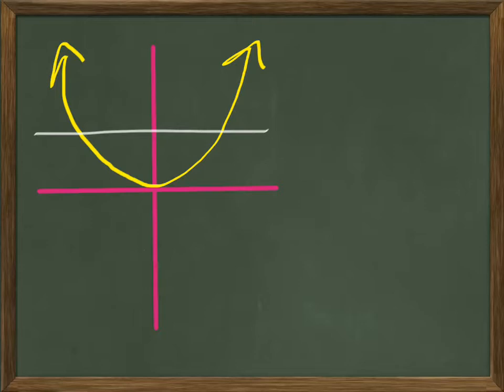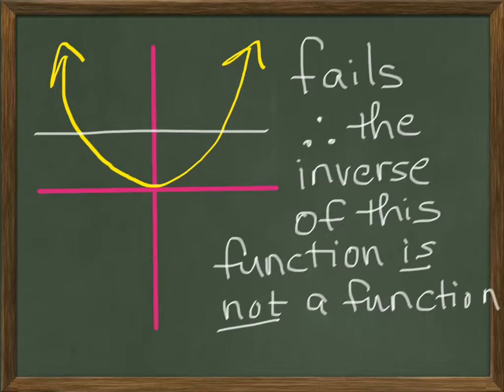Therefore, the inverse of this function is not a function. Again, because it fails the horizontal line test, the inverse of this function is not a function. It's an inverse, but it's not a function.